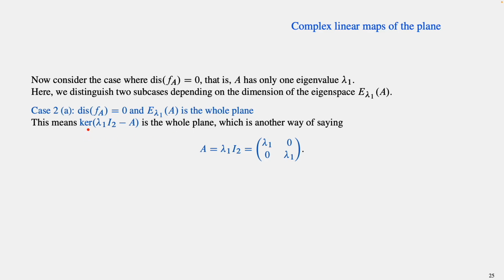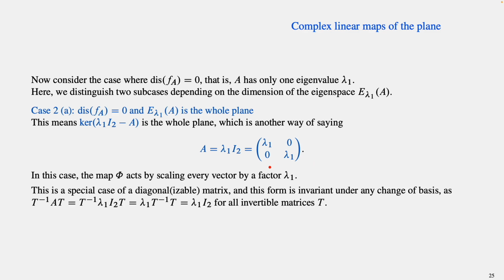So this means that the kernel of lambda 1 times identity minus A is the whole plane, which is just another way of saying that A is equal to lambda 1 times the identity matrix. Because if the kernel of this is the whole plane, this just means that this is the 0 matrix, and then we get this identity that A is equal to lambda 1 times identity, so it's just this diagonal matrix here. So phi acts by scaling every vector in the plane by a factor of lambda 1.